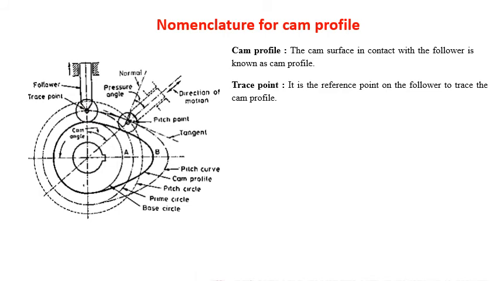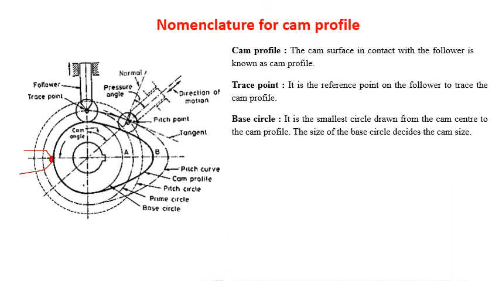Suppose instead of this roller we have a knife edge follower like this, then this would be the trace point. So this is the reference point on the follower to trace the cam profile. Then cam profile is the surface where this follower comes in contact with the cam.